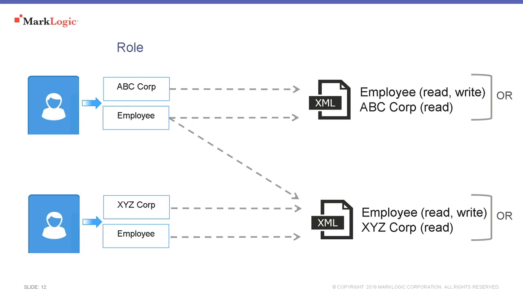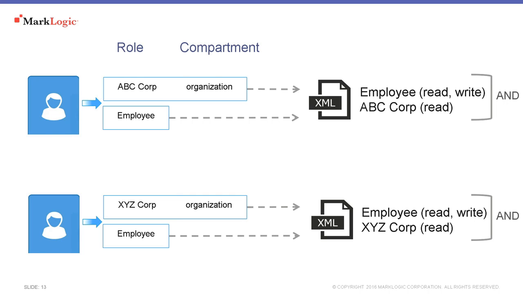Now, this is where the compartment security comes into the picture. And logically, you would not want it, because if you want to implement entitlement, you want only the user of this organization to be able to see this document, user of this organization able to see this document, not vice versa. So compartment security allows you to compartment the roles, put a label on the roles and say, okay, these two roles are compartmented and they have a compartment called organization.